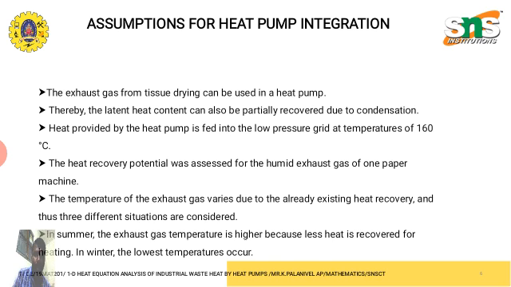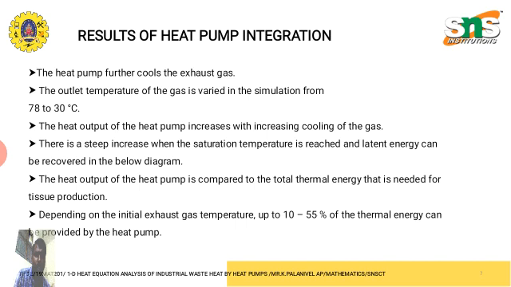Exhaust gas temperatures of 80, 65 and 50 degrees Celsius are considered. The humid exhaust gas is fully saturated after heat recovery at 80 degrees Celsius. The saturation temperature of the gas is 75 degrees.